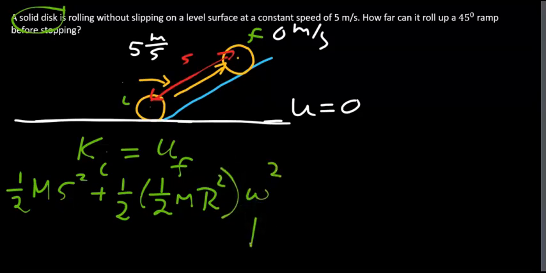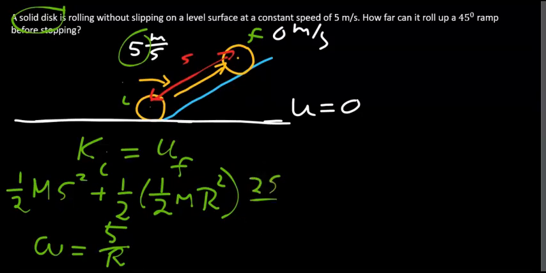Omega is the angular speed of that rotating disk. However, we can express that angular speed in terms of that translational speed as follows: as a translational speed over the radius of that disk. So substituting that expression there, we get 25 over r squared.